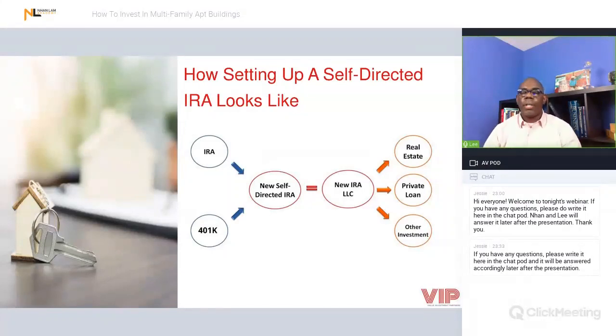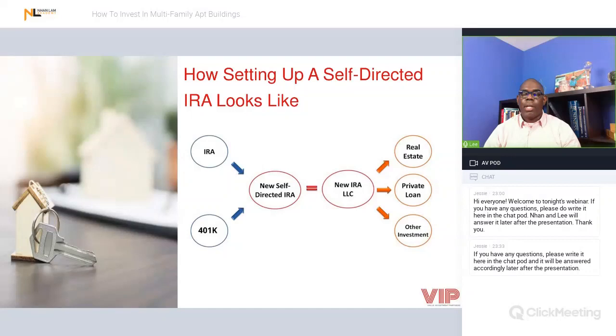What I'm going to explain to you is something called a self-directed LLC. It's called the IRA LLC. And what that does is it allows you to create either an LLC in your state, or it allows you to create a trust. And that could be the investment vehicle from which you would make your investments, right?